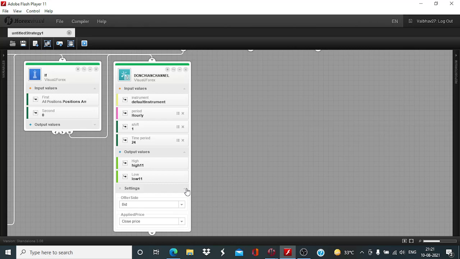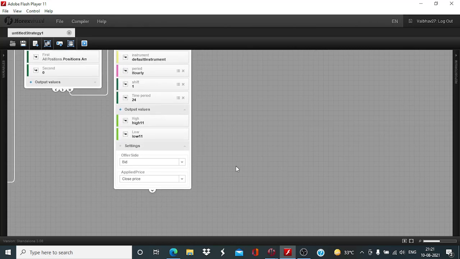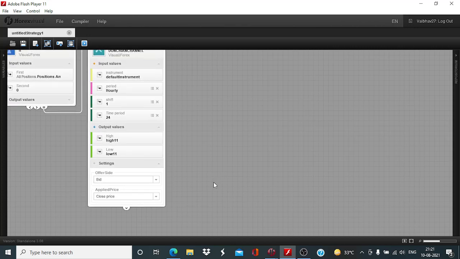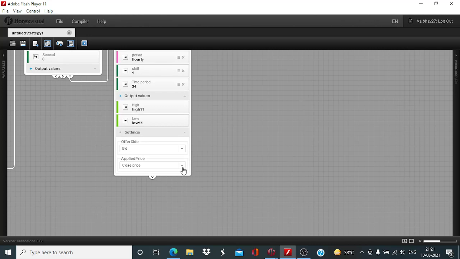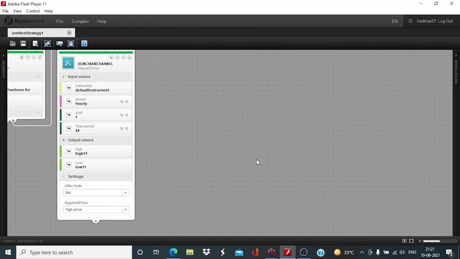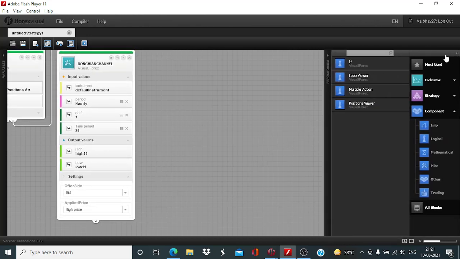Okay, this will be based on the closing value, so I will need to change it. We will need to take two different blocks. One will be based on the high and one will be based on low.